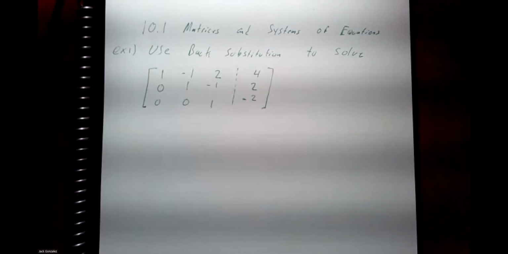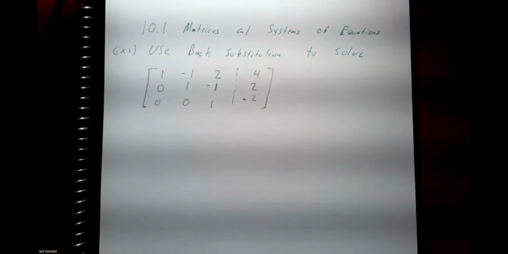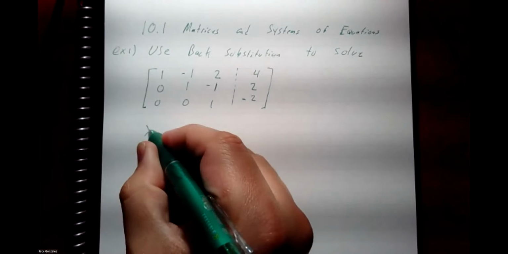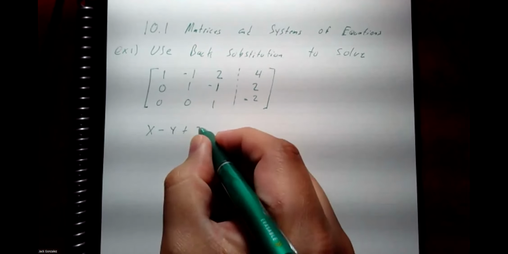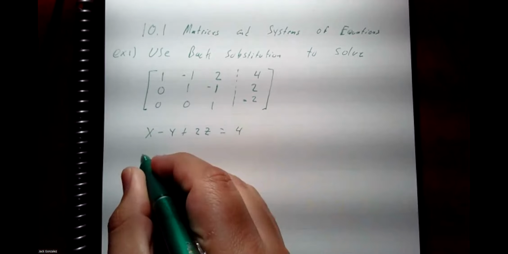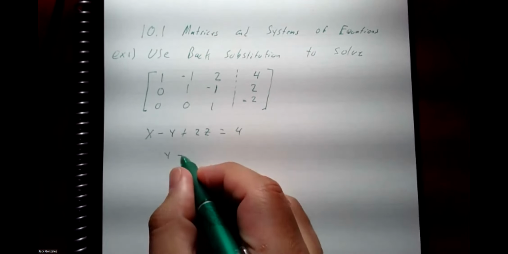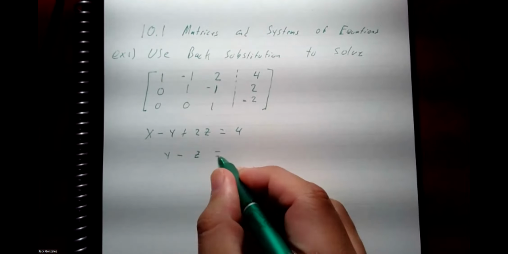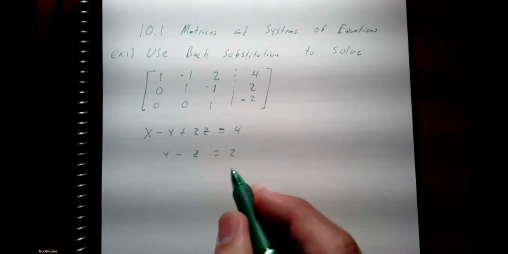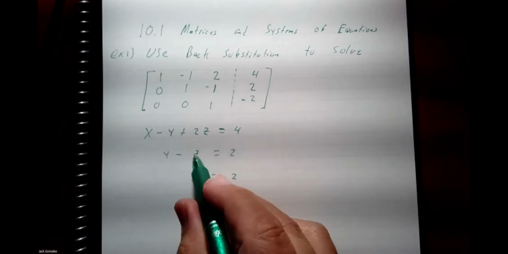So if you change them to equations, you're going to get x minus y plus 2z equal to 4. There's no x here, so you're going to get y minus z equal to 2. And then the last row, z equals -2. So plug in the -2 there.